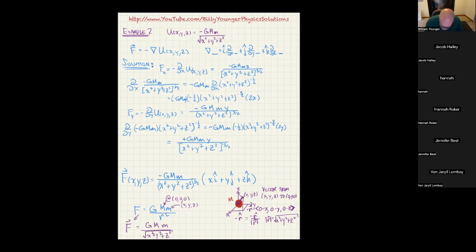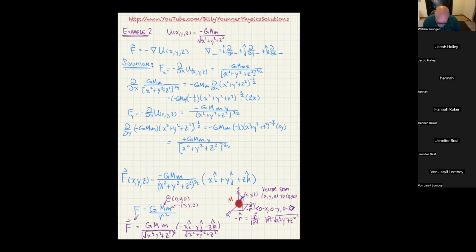But I've got to square that, so I'll put an exponent of 2 there. And now I've got to multiply it by negative, I'll write it this way, negative x i hat minus y j hat minus z k hat. And then I've got to divide all that, of course, by the square root of x squared plus y squared plus z squared.